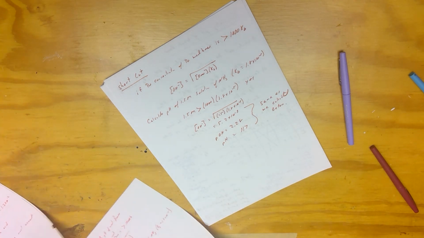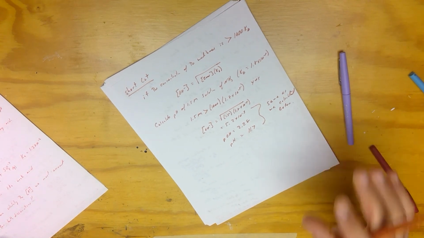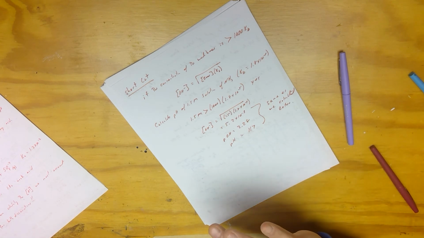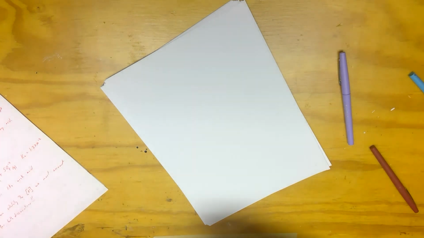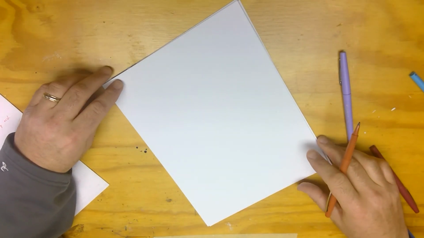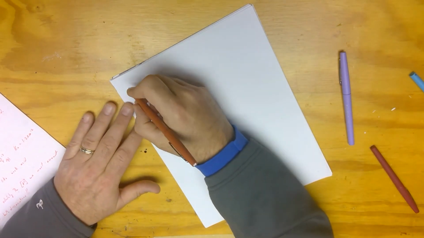We've got one last thing that I want to talk about today. We've talked about strong acids, strong bases, weak acids and weak bases. The next thing I want to talk about is diprotic acids. We've talked about monoprotic acids, but we need to talk about diprotic acids.